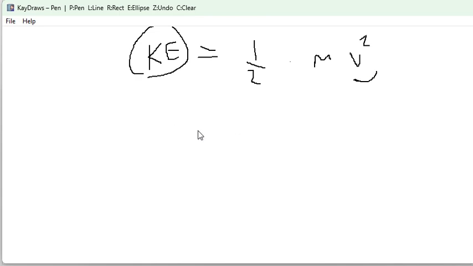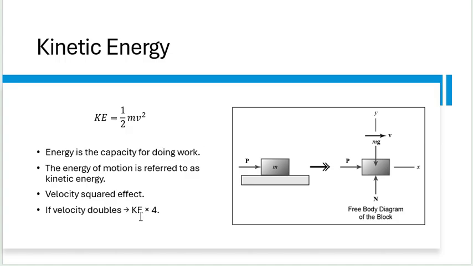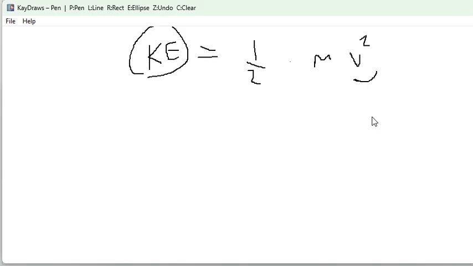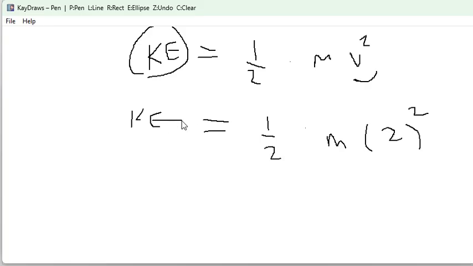Now what we want to show you is this. When you have double velocity, we are going to square it here. Of course, the rest of them stay the same. So therefore this is actually 4.